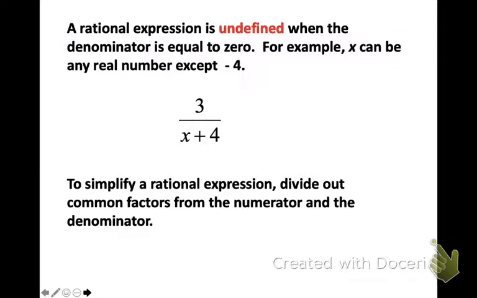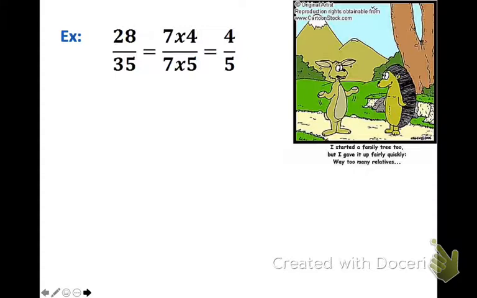So to simplify a rational expression, we're going to divide out common factors from the numerator and the denominator. We're going to look at a couple of examples, starting with numbers first. You are quite familiar with something like 28 over 35, and in our brain we'd probably just say, divide by 7, divide by 7.